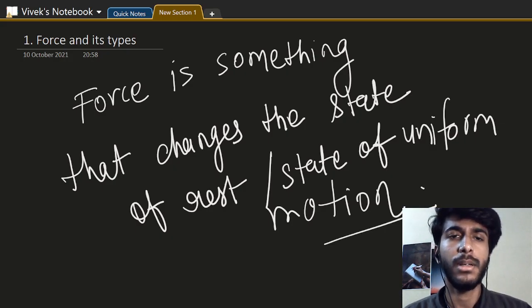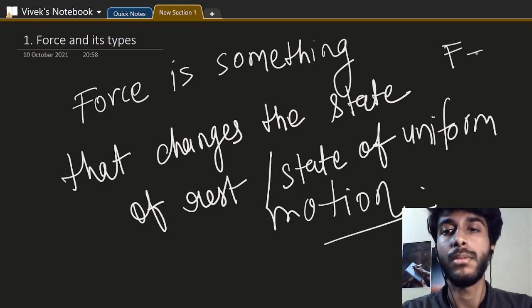Let us take an example. If there is a football and I kick it and it starts moving, initially it was at rest, and after the kick it starts moving with a certain velocity or acceleration. So we say that the kick was the force applied, and that force will be equal to ma.